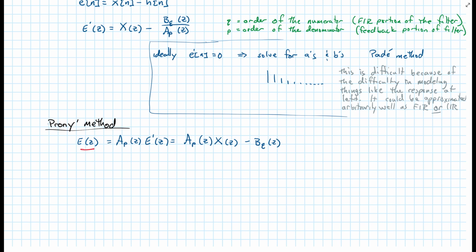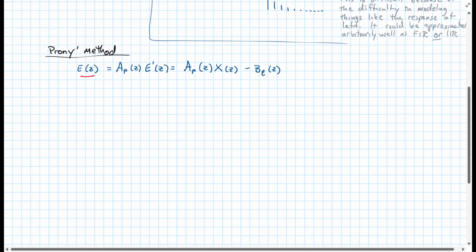The problem comes when we don't quite make it to 0. If we were working on E prime, it would behave well. If we're working with E of z, now instead we have effectively a weighted error, and it's weighted by the pole positions in A of z.